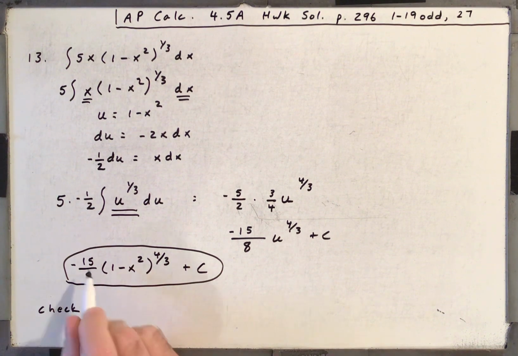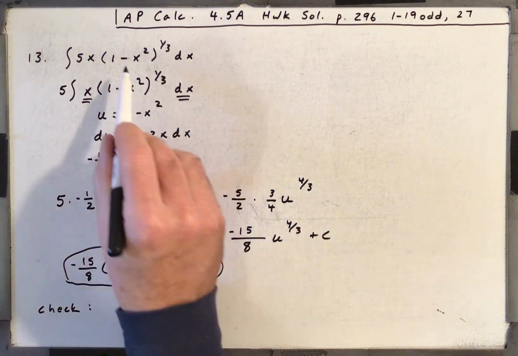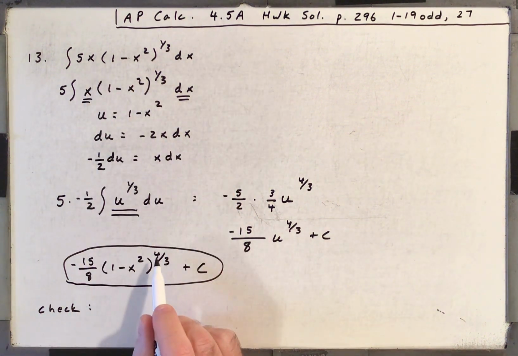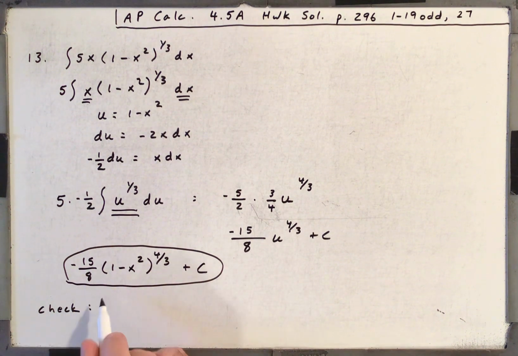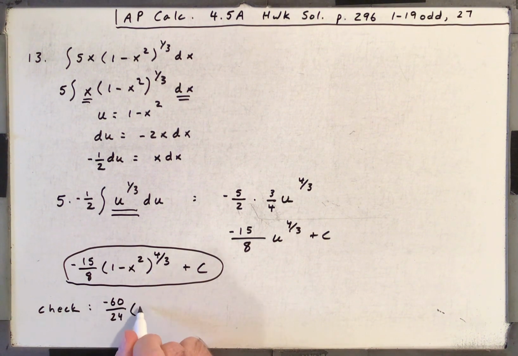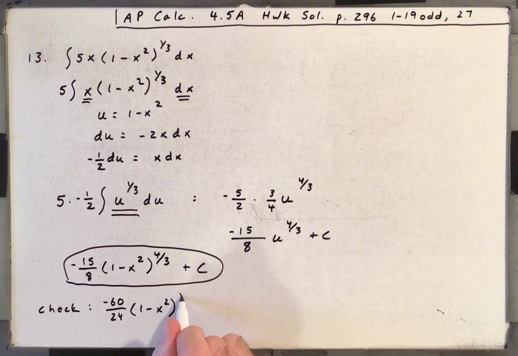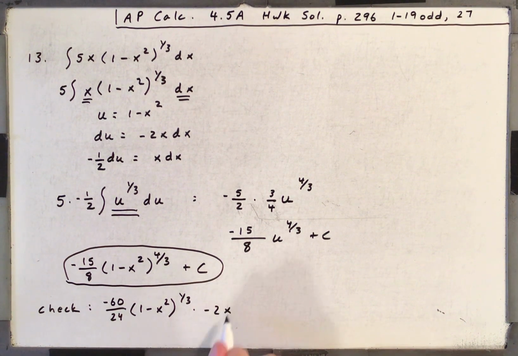So let's take the derivative of that and make sure we're getting back to this. All right, 4/3 times negative 15 over 8 would be negative 60 over 24, times 1 minus x squared to the 1/3 times negative 2x, the derivative of the inner function.